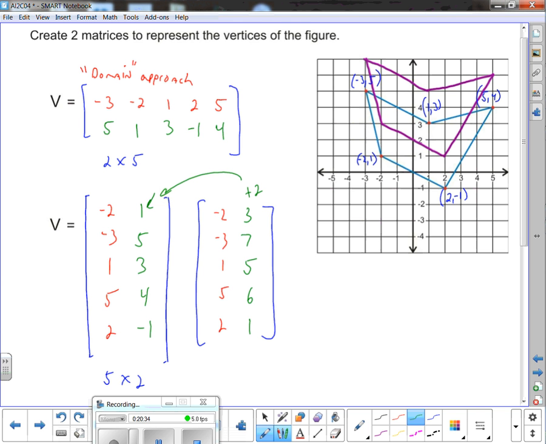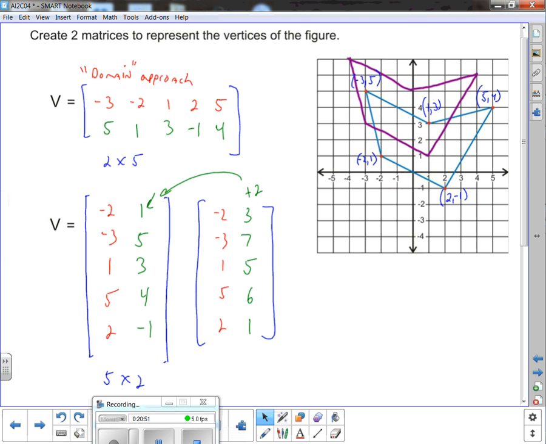Hey, what would you do to the second column if you wanted to translate it down 5? Well, you do -5 for every coordinate. How about this? What if, in addition to going up 2, I also wanted to go left 1?